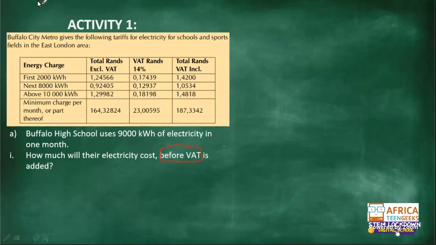Okay, we know that the first 2,000 kilowatt hours will be charged at what rate? Who can tell me what rate the first 2,000 kilowatt hours will be charged at?